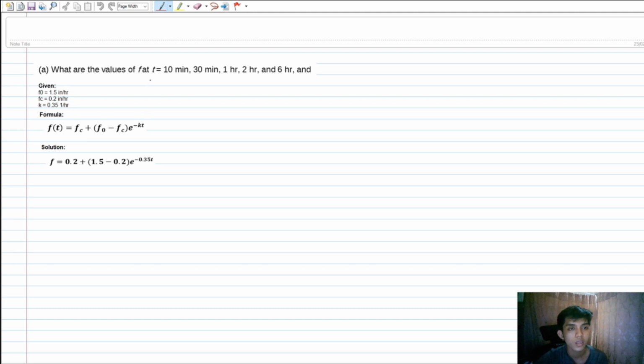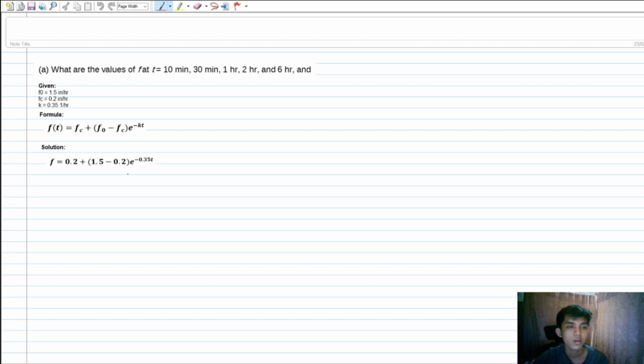And our t is 10 minutes, 30 minutes, 1 hour, 2 hours, and 6 hours. Then we will just substitute all of the given values to Horton's equation, which is f of t is equal to f sub c plus (f naught minus f sub c) multiplied by e raised to negative kt.